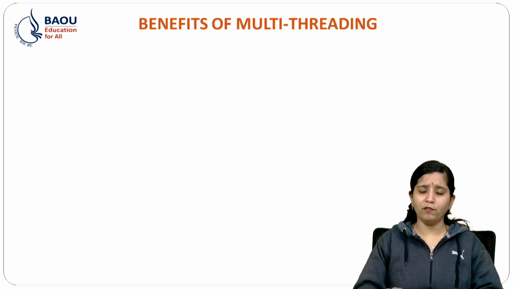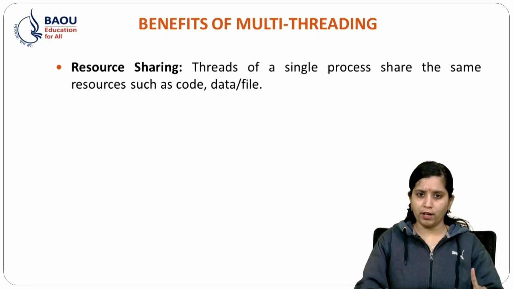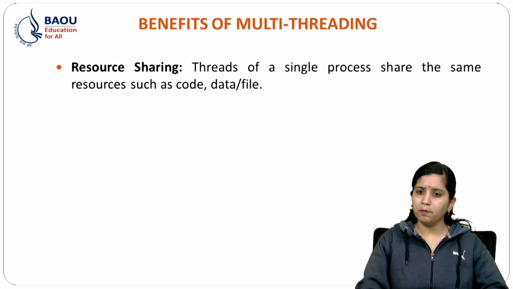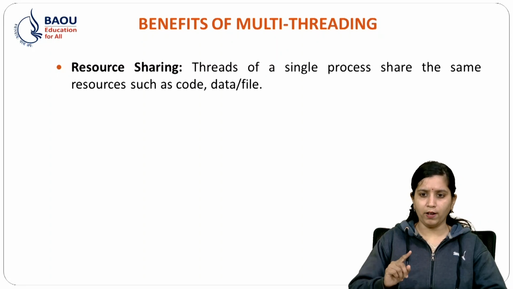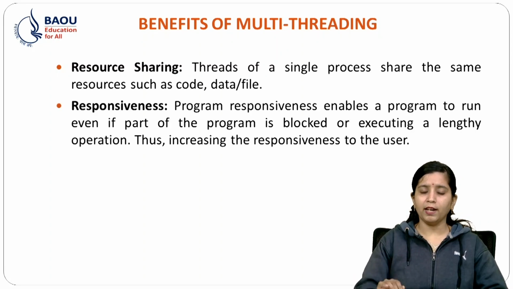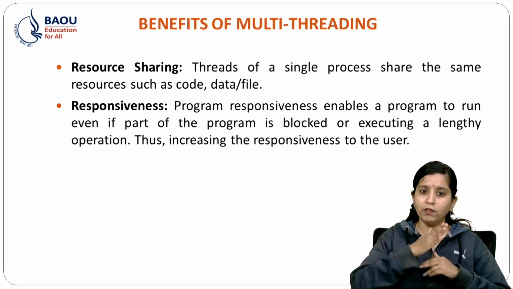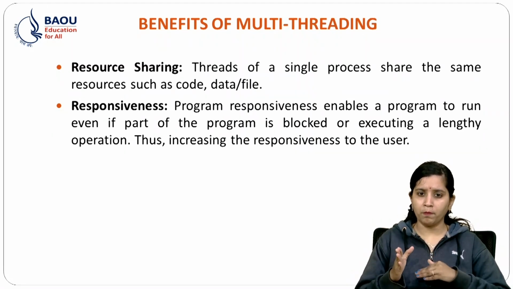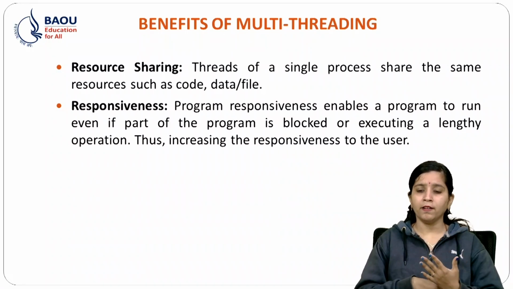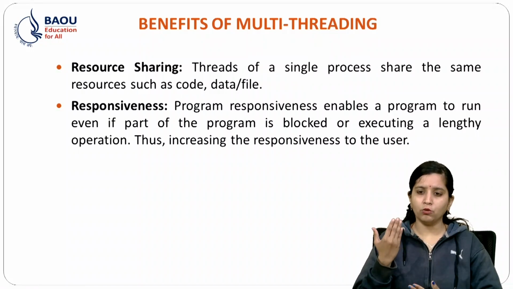So what are the benefits of multi-threading? First is resource sharing. Threads of a single process share the same resources, such as code or data file. Second is responsiveness. Program responsiveness enables a program to run even if a part of it is blocked or executing a lengthy operation, thus increasing the responsiveness to the user.